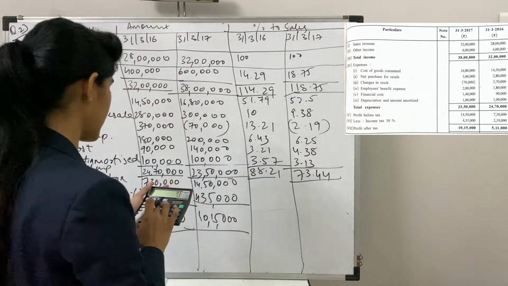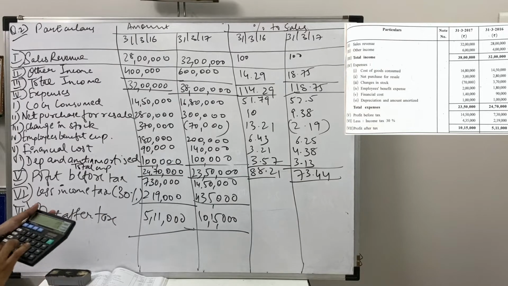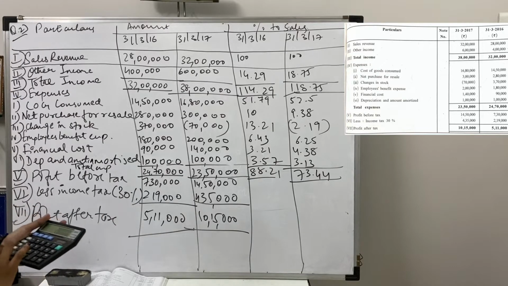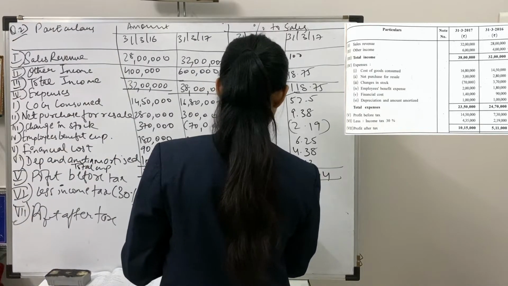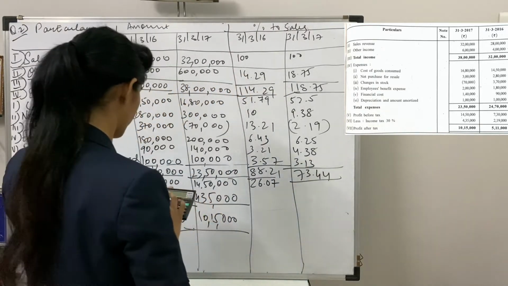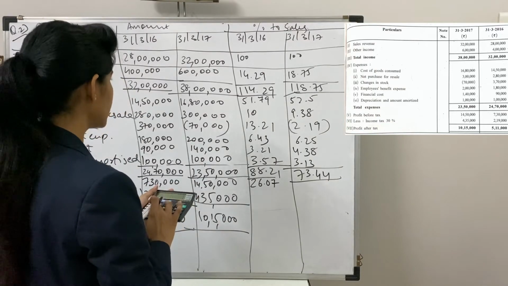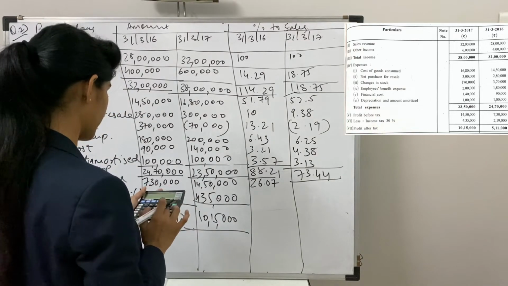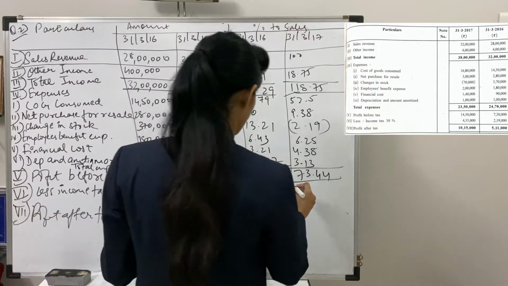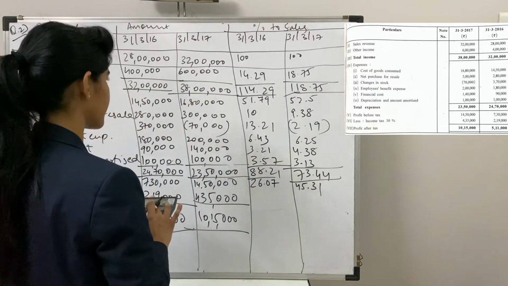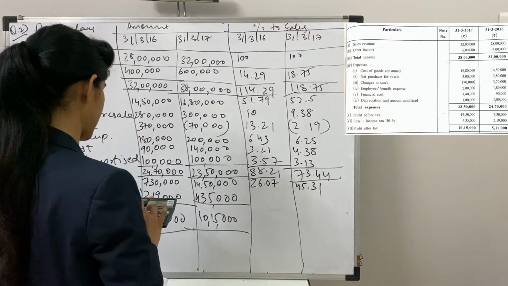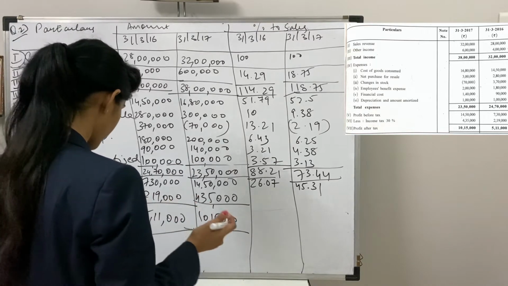Next is your 7 lakh 30,000 into 100 divided by 28 lakh, 26.07. 14 lakh 50,000 into 100 divided by 32 lakh. Getting 45.31. Next, 2 lakh 19,000 into 100 divided by 28 lakh, 7.82.